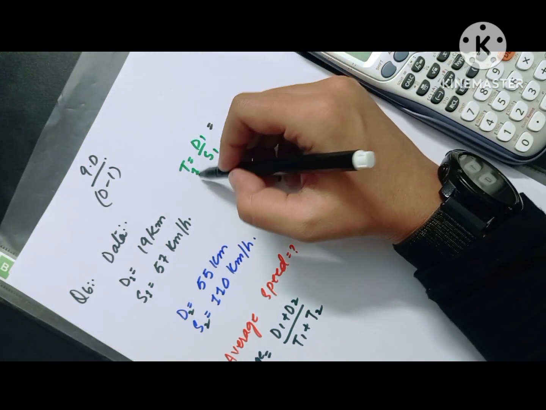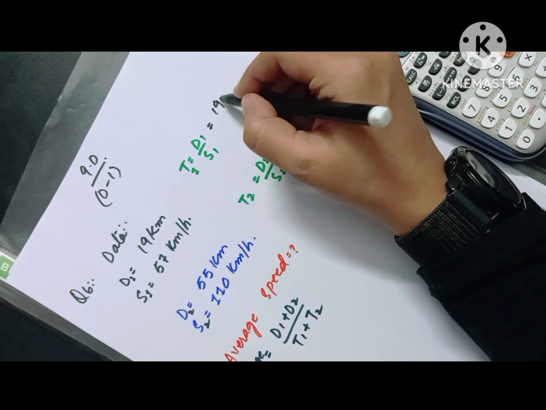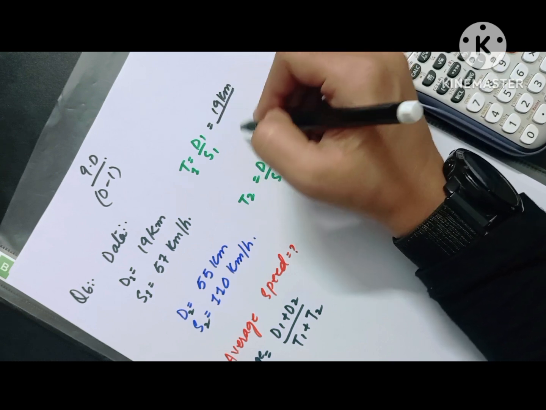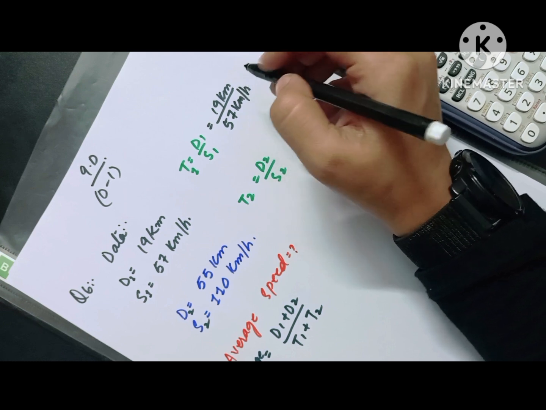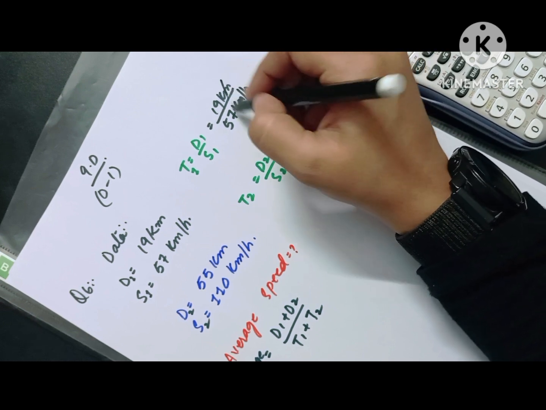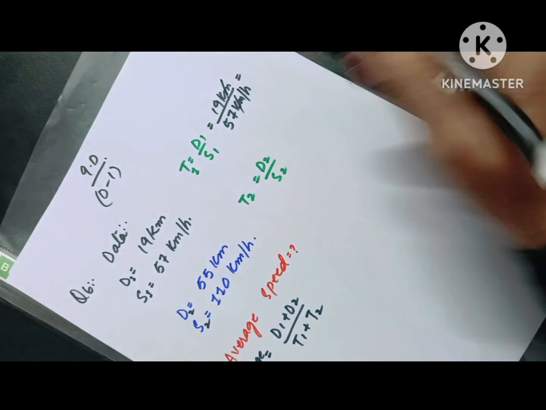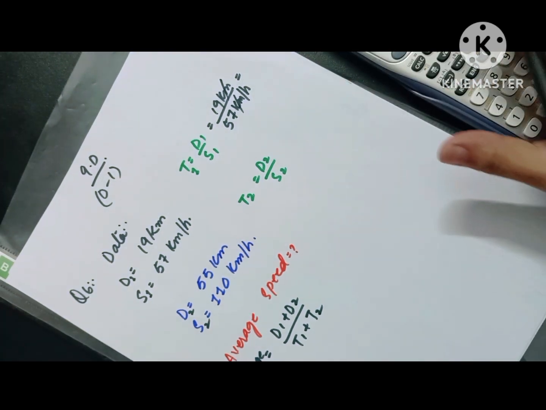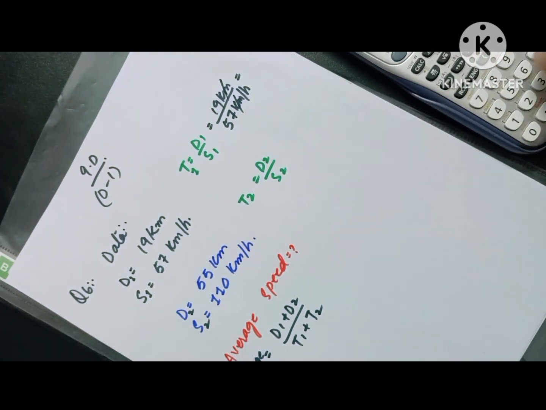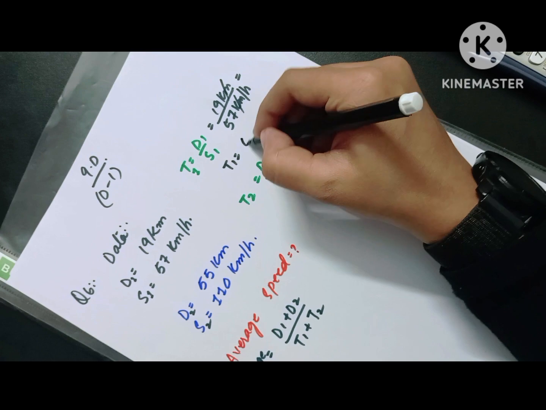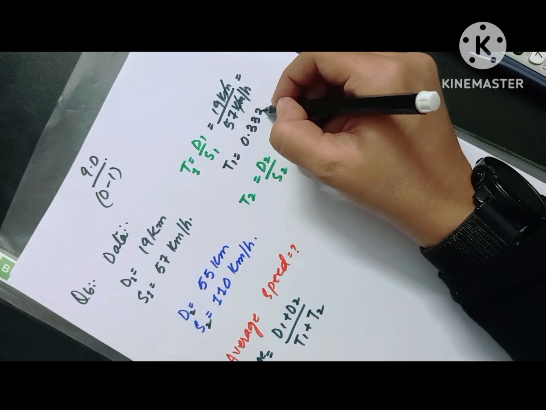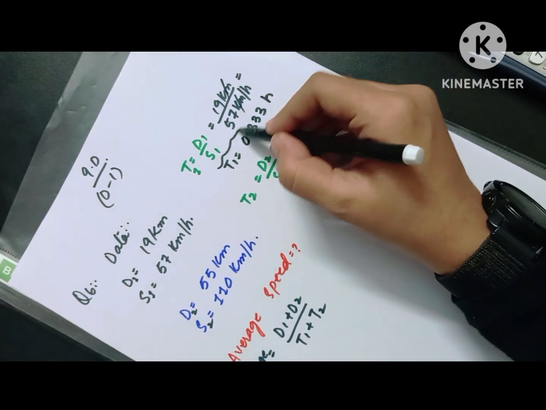So we can say T1 is equals to D1, which is 19 kilometer, divided by 57 kilometer per hour. So kilometer and kilometer can be cancelled out, and 19 divided by 57 will be 0.3333. So T1 is equals to 0.333, and that is in hours.